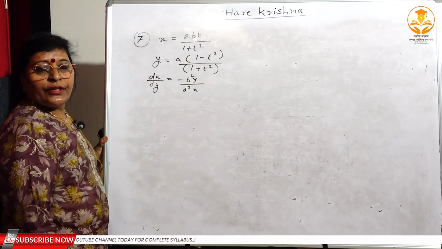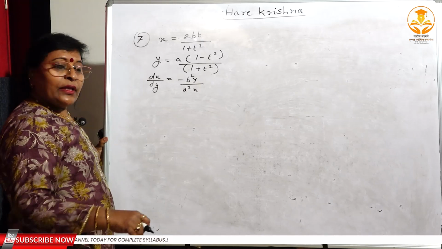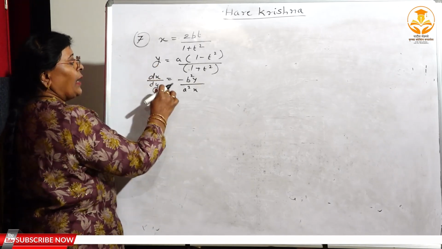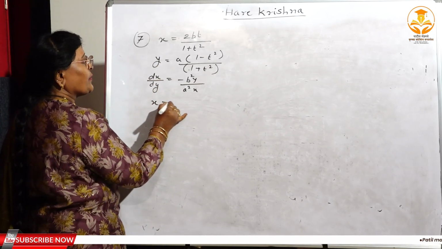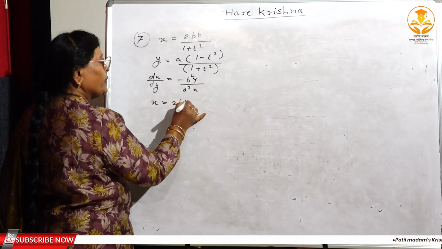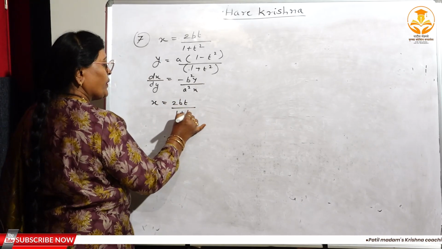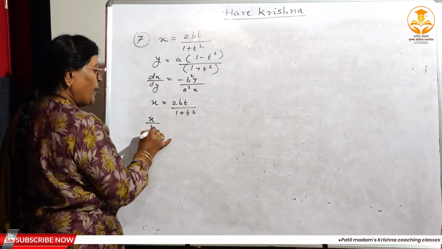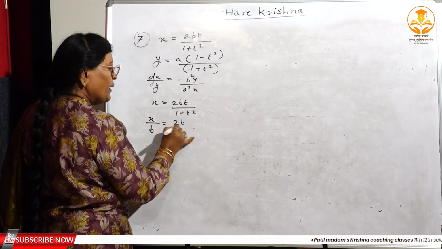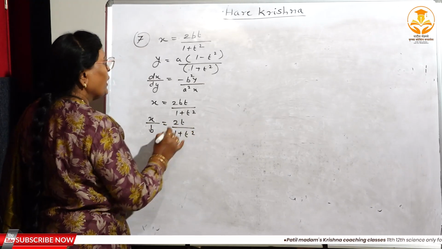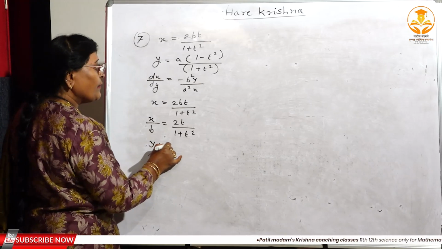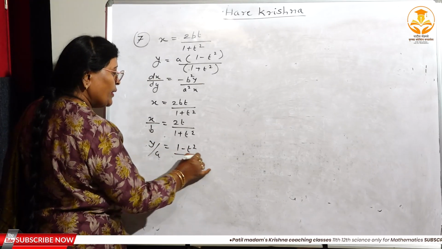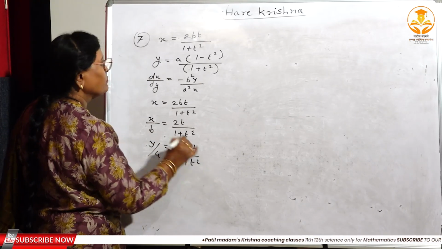You can differentiate with respect to theta. The third method, see the third method. I will take the third method, that is x is equal to 2bt divided by 1 plus t square. Now I bring here x by b is equal to 2t divided by 1 plus t square, and y by a is equal to 1 minus t square divided by 1 plus t square, isn't it?